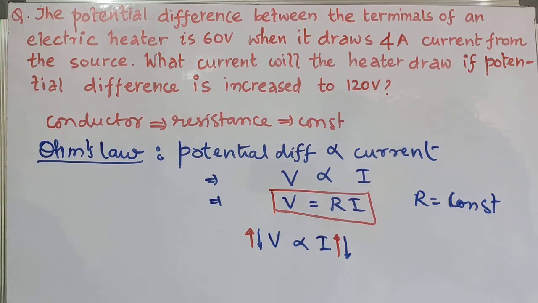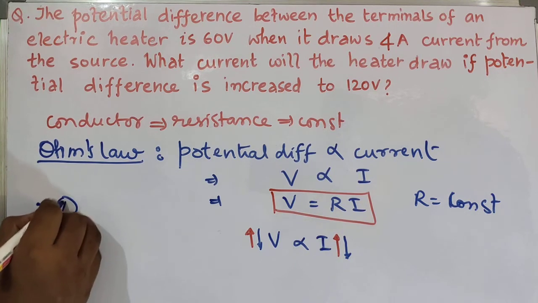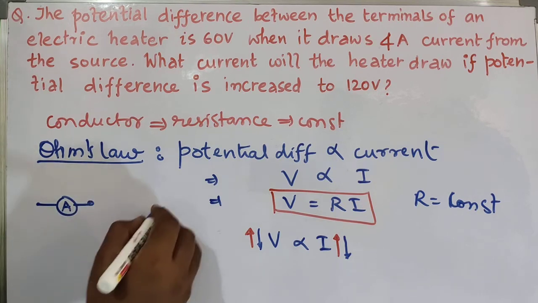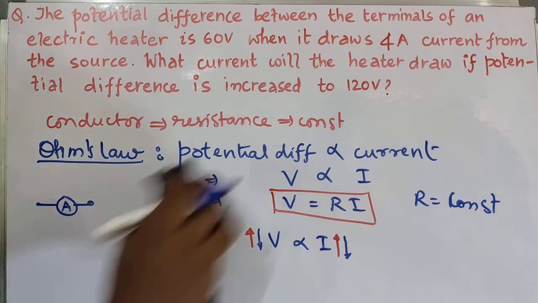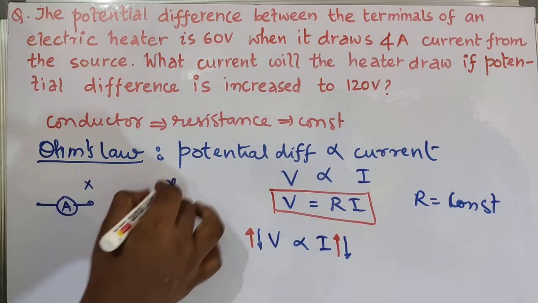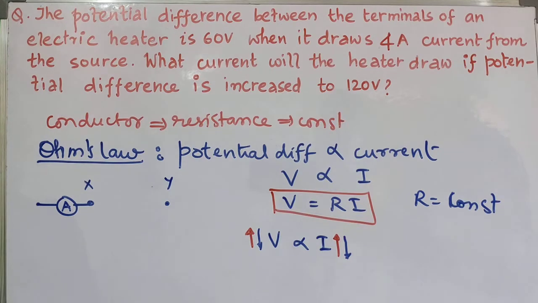I can show you with the help of a diagram also. Suppose I'm drawing a diagram here. This is the ammeter with which I will measure the current passing through the conductor, and I'm keeping the conductor in between X and Y. What will I keep here? I'll keep the heater here.